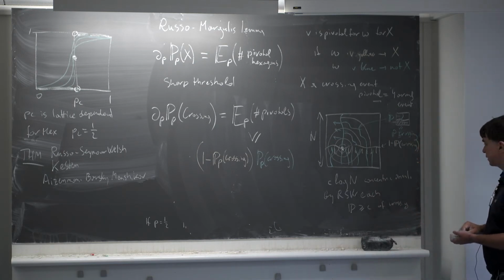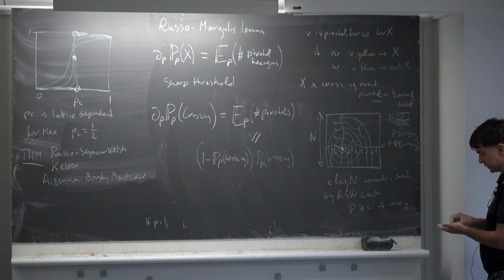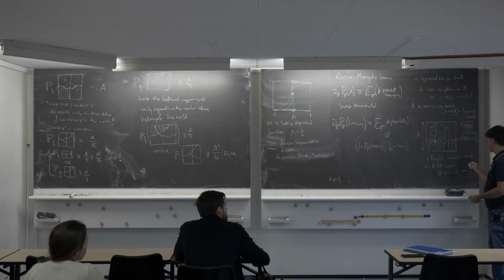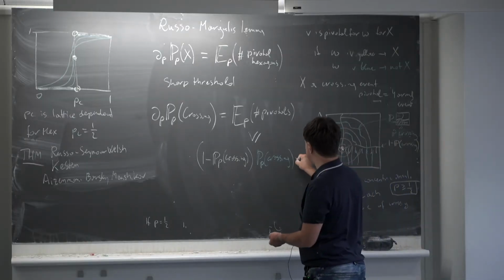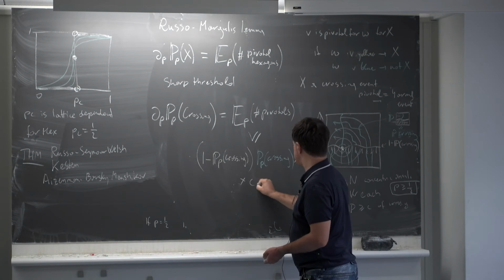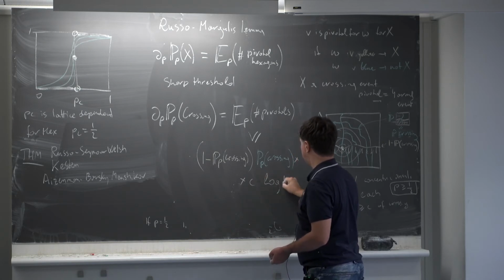So you can apply Russo-Seymour-Welsh when p is bigger than 1/2, because we did Russo-Seymour-Welsh for p equal 1/2. So we get this formula, this times constant log n.